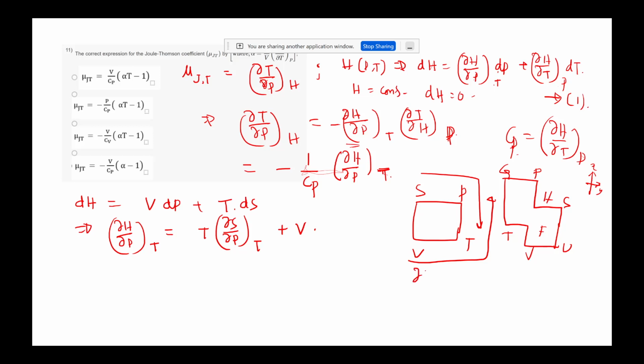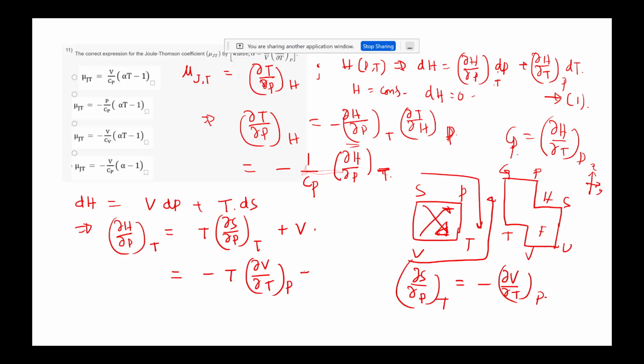So the direction is changing, so there will be one minus sign. This will be minus del V del T at constant P, and if you substitute it, then it becomes minus T del V del T at constant P plus V.